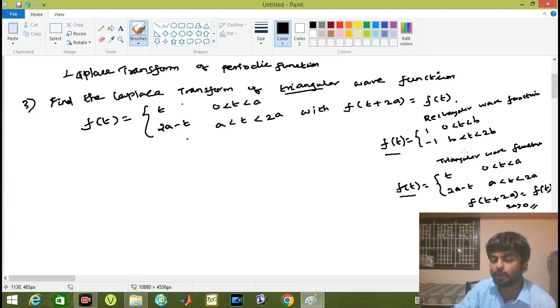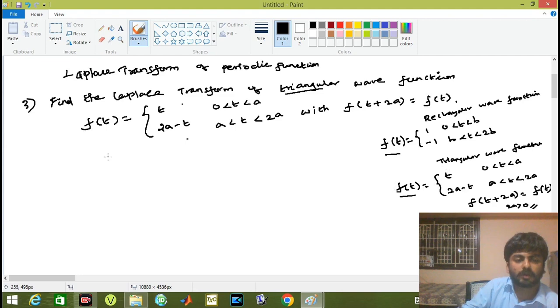But as I told you already, here the values are constants 1 and minus 1. Here you are having the variables t and 2a minus t. The rectangular wave function will be in the form of rectangular wave and triangular wave.